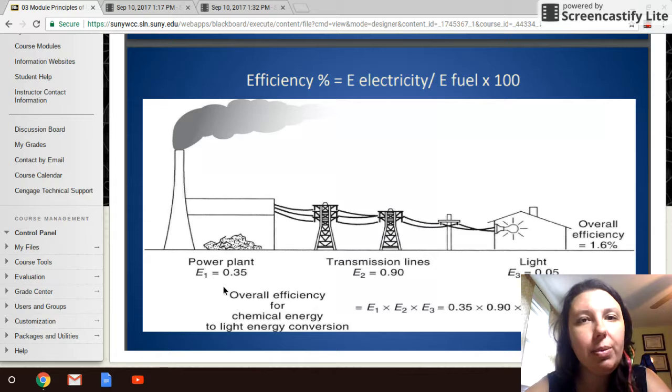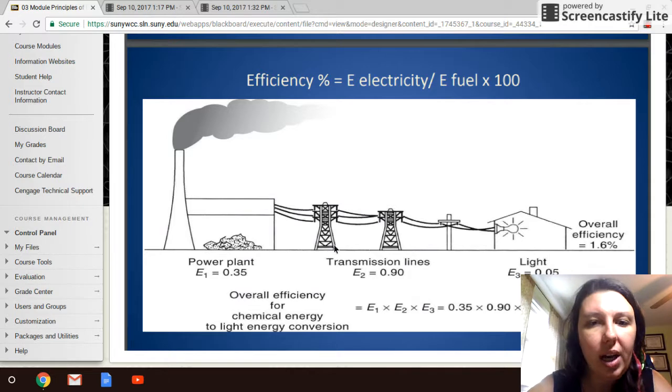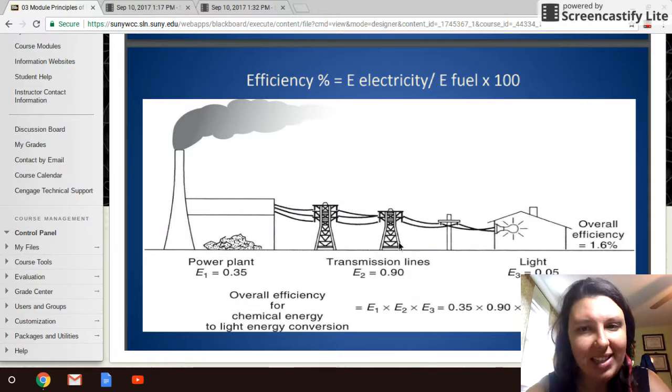The steam turbines are turning the generator. The generator is making electrons jump. The electrons are being forced out onto the grid. They are sent through transmission lines. And then finally, through those transmission lines, they are sent into your home, which then they become the little light of the bulb. And when I move through all of those different stages of efficiency, the overall efficiency that I get is about 1.6%. And so that's highly inefficient.